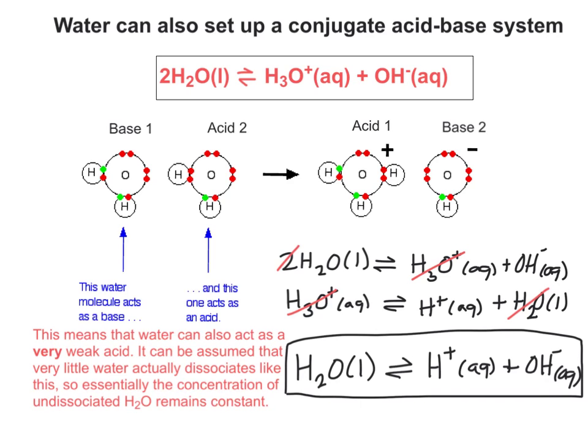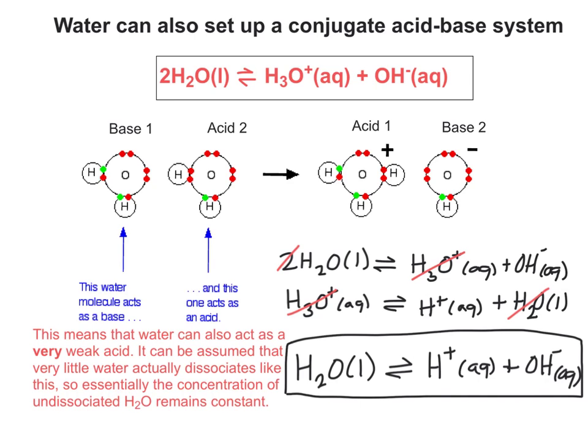We take the equation in the box at the top and we write it down as 2H2O, giving you H3O+ plus OH-, but we also assume that H3O+ will dissociate further into H+ and H2O. We can cancel out and end up with what's in the box at the bottom of the screen, which is essentially the same as the dissociation of one molecule of water.